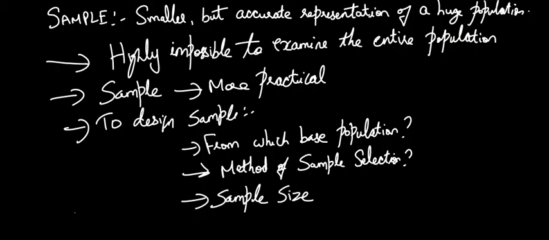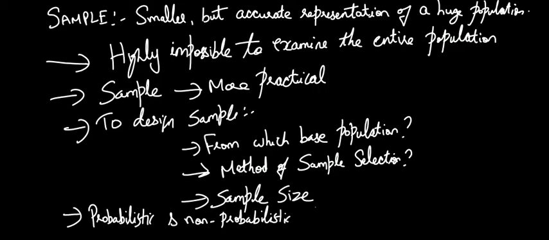And there are two different methods for getting a sample: probabilistic sampling and non-probabilistic sampling. These are the two different methodologies to collect samples from a huge population. The probabilistic sampling methodology, in fact, is a very recent one.